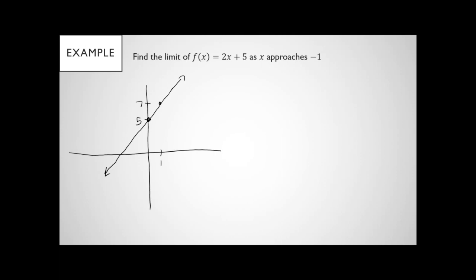So we want to know what is the limit as x goes to -1. So we should find out what that y value is at -1. I'll plug that in by hand, though you can use Desmos to graph. So that's -2 plus 5, and that's 3.